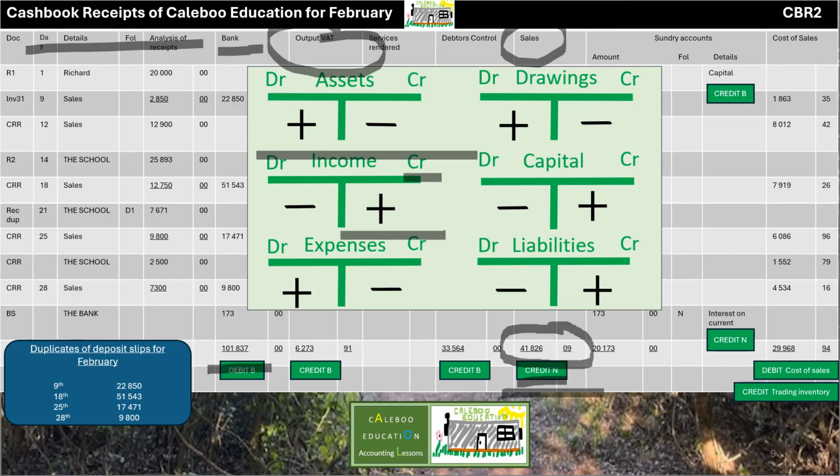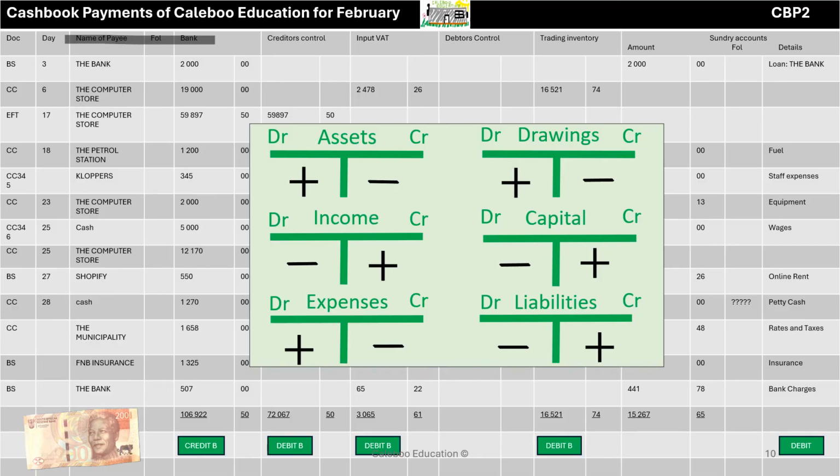If it had its own column, it would be at the end of the month. If it appeared under sundry, it would be recorded in the general ledger on the day the transaction took place. For example, the 12th. There's a cash payments journal.